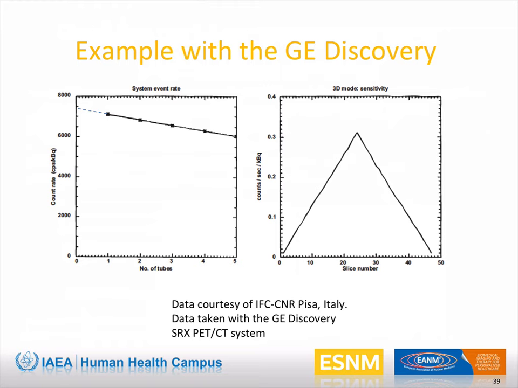To the left, the figure shows how the system sensitivity can be extrapolated at zero attenuation from the measurements obtained with the accumulated sleeve technique. To the right, the results of the sensitivity along the axial direction are displayed, showing the typical triangular behavior of the 3D mode PET sensitivity moving along the axial axis.